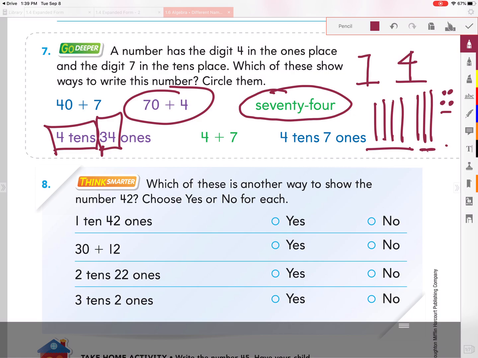I used what I knew about the 3 in the number 34, and I just traded up for rods. 10, 20, 30, 40, 50, 60, 70, and 4. Did I just make 74? Yes, I did. So 4 tens and 34 ones is the same as 74.